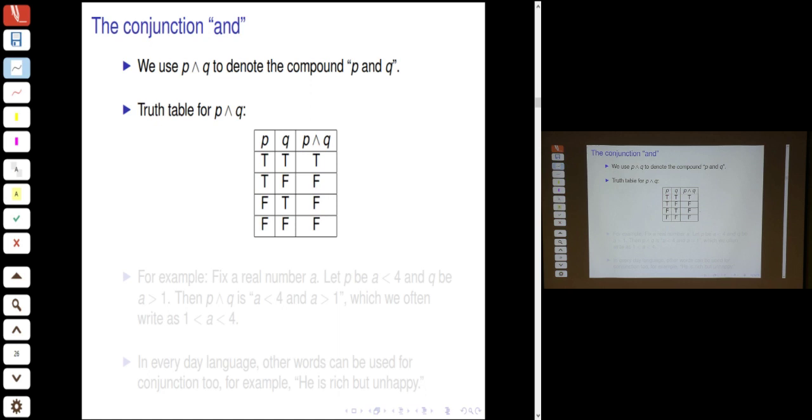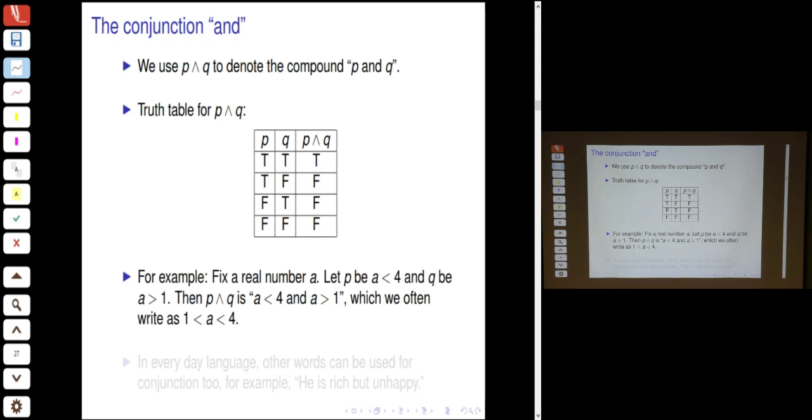Only when both of them are true is P and Q true. That's the meaning of and. If one of them is false, then the compound is false. For example, if P is true and Q is false, then the conjunction is false. I guess this again is very clear.